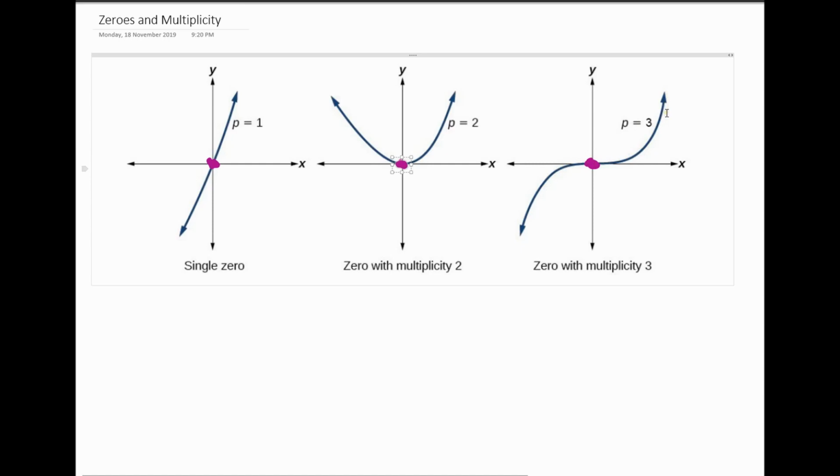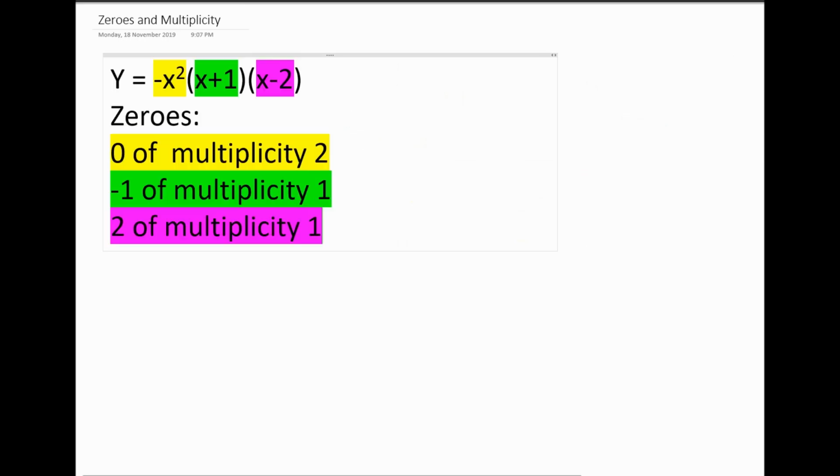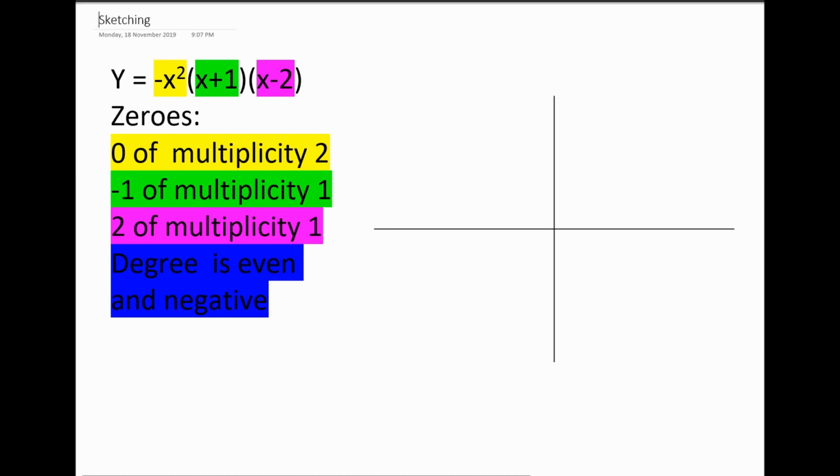Okay, so let's try to apply those zeros and multiplicity and the end behavior. If you're given this equation, y is equal to negative x squared times x plus 1 times x minus 2, we've identified all the zeros and their multiplicity. And we know that this one has a degree that is even, since x squared times x times x gives us x to the 4.